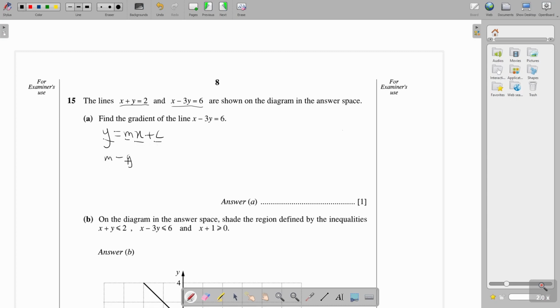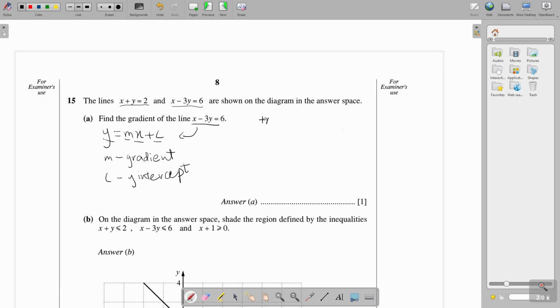So m is the gradient, which we're trying to figure out, and c is the y-intercept, which is where the line cuts the y-axis. So what we're going to need to do is bring this equation into this form.